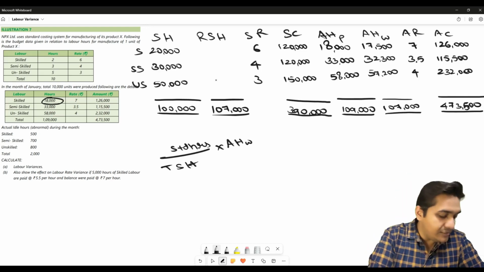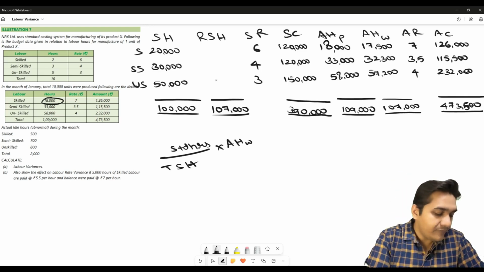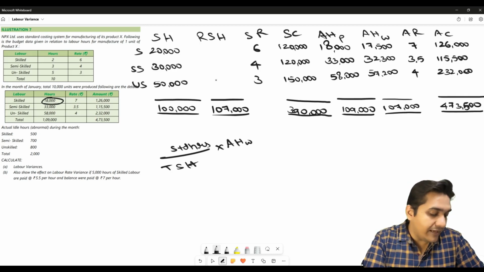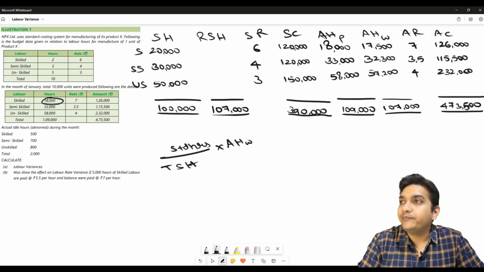So 20,000 divided by 1 lakh into 1 lakh 7,000, I get 21,400.